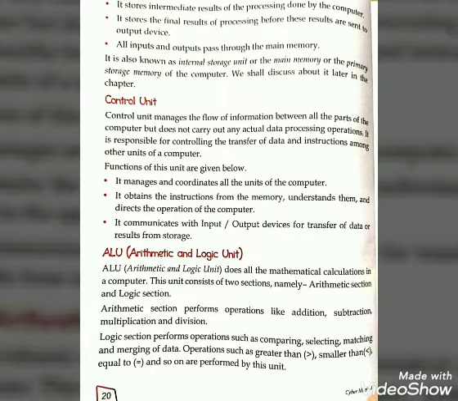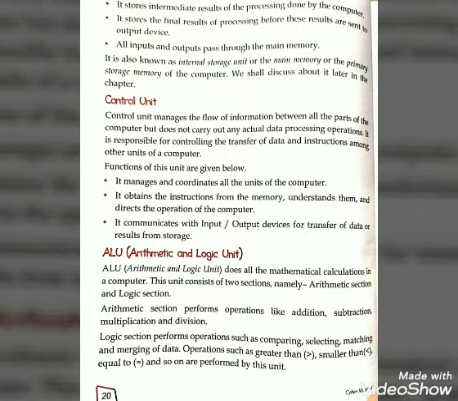It communicates with input or output devices for transfer of data or result for information. So my dear students, this is the function of control unit. Go through this chapter once again, read the function of this unit, which is given on page number 20.